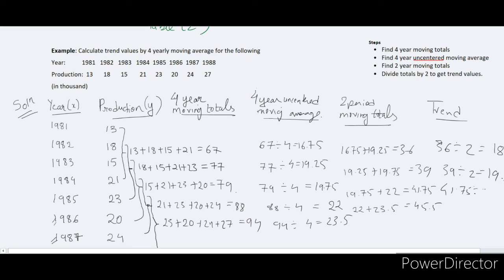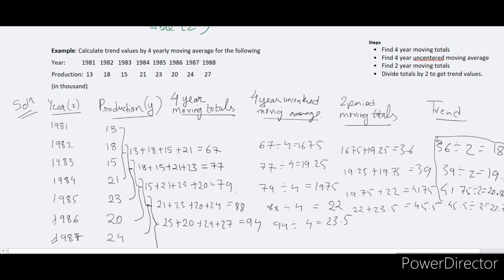41.75 divided by 2, we get approximately 20.87, and lastly 45.5 divided by 2, we get approximately 22.75. So these are your trend values.